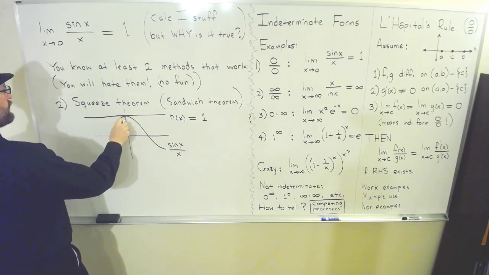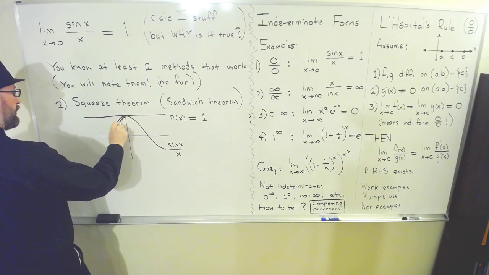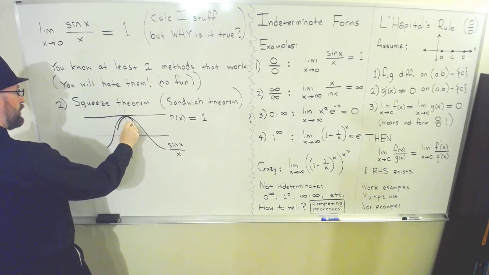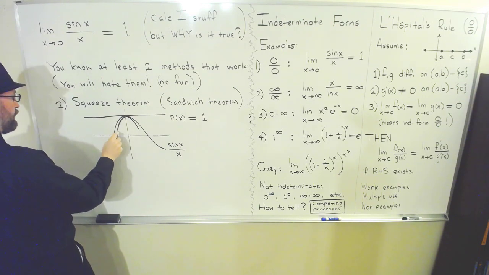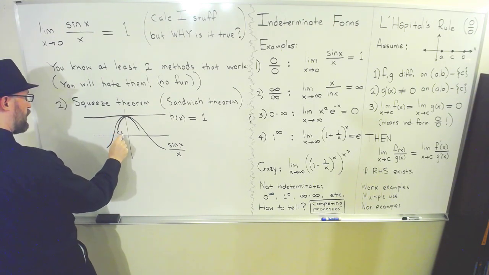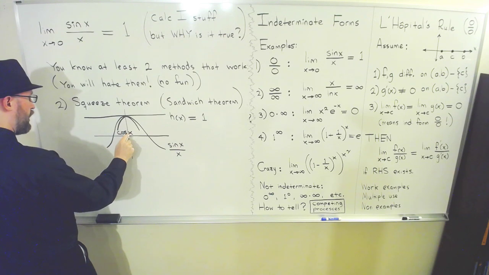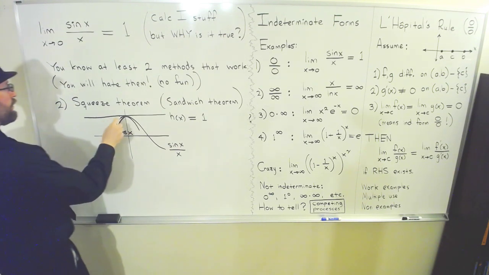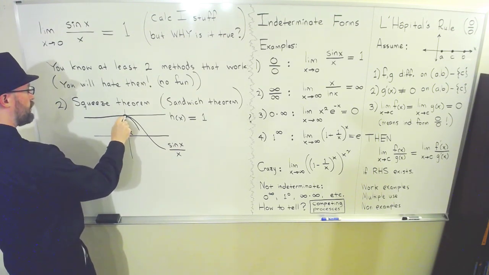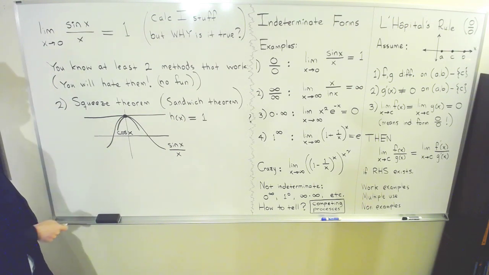Then I have another function here, cosine x, if I can just fit it in there. Now, these all come together at this point, at x equals 0.